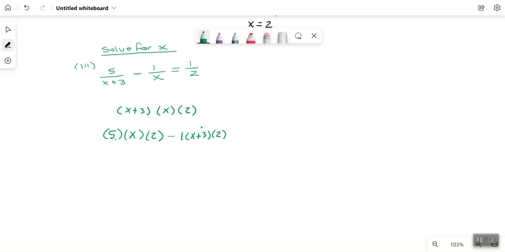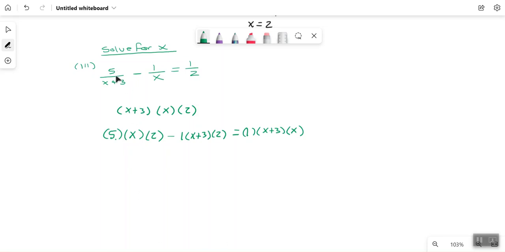Okay, that is equal to, and then if we multiply this by this expression here, the 2 will cancel out with the 2, and we'll be left with 1 multiplied by x plus 3 multiplied by x.